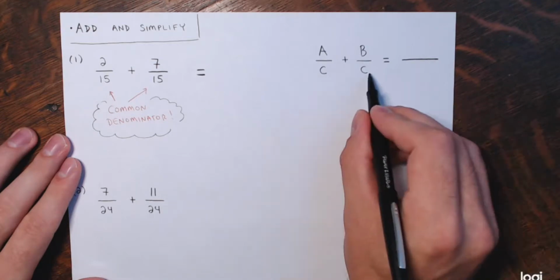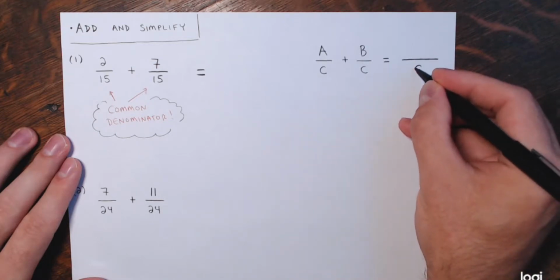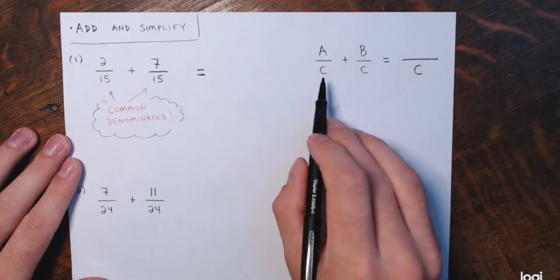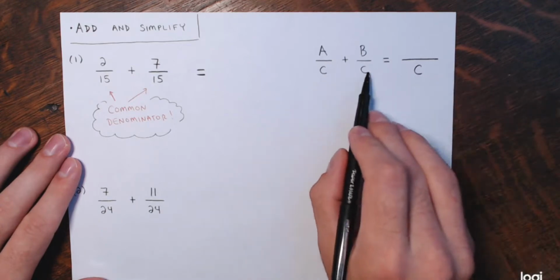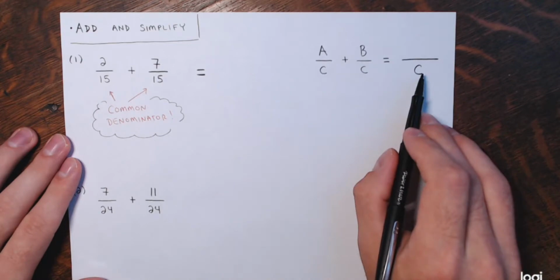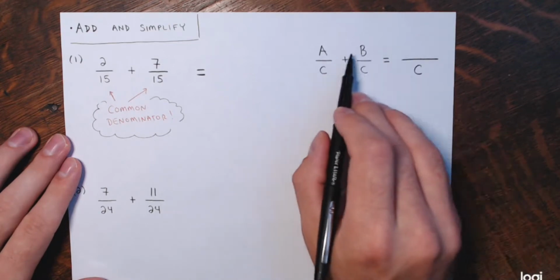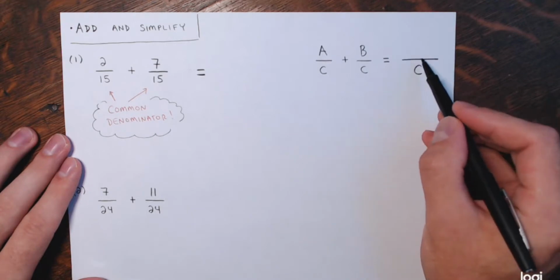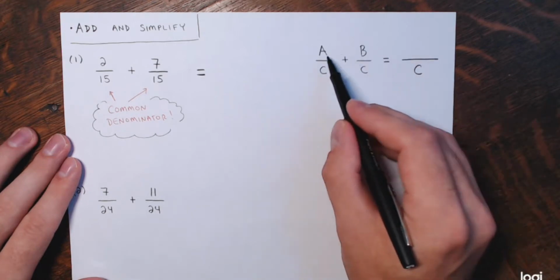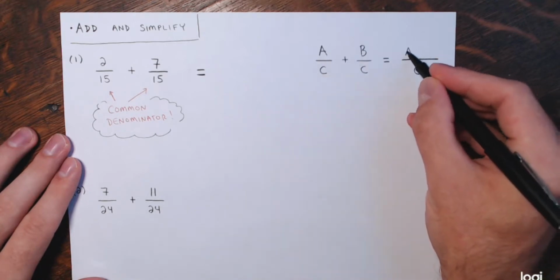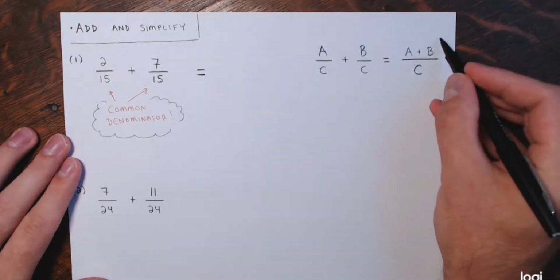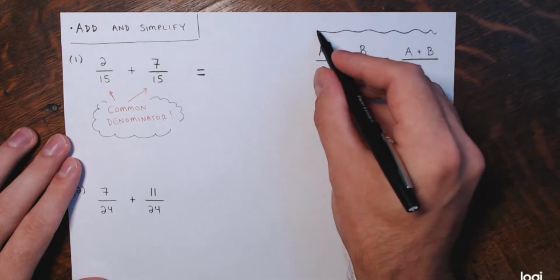You don't add the denominators together. So the denominator of the sum, the final result, is still c. It's the numerators that you combine. The numerator of the sum will be a plus b, the first numerator plus the second numerator. And there you go. So keep this rule in mind as we go through.